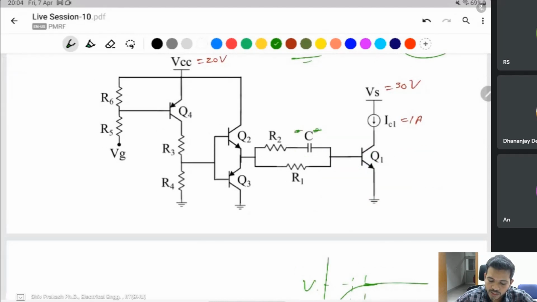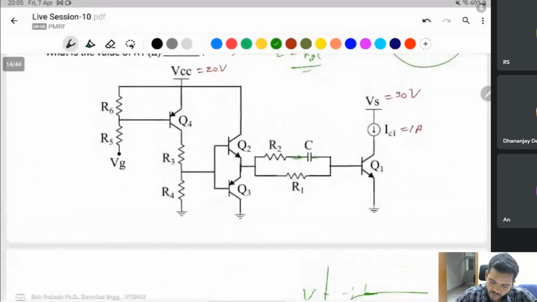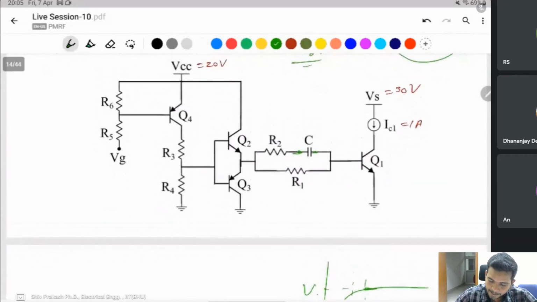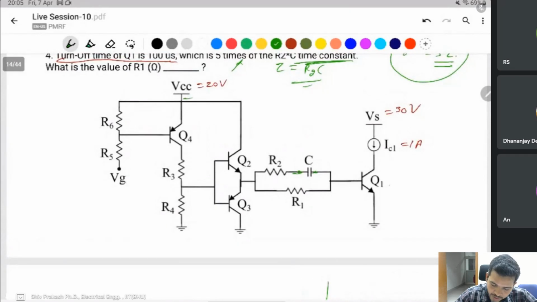A capacitor in a DC circuit behaves like an open circuit, and an inductor behaves like a short circuit. If this is an open circuit in the off time period, when the switch is off, then the whole current flows like that, and the circuit is completed from there.